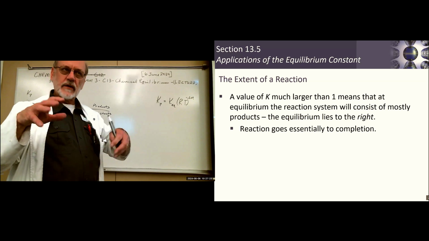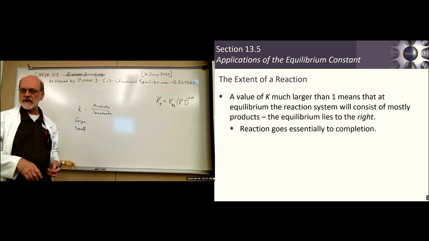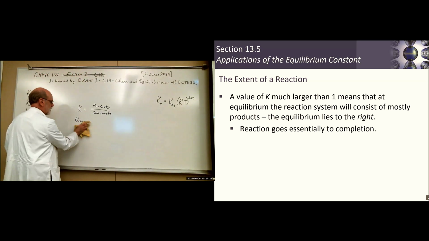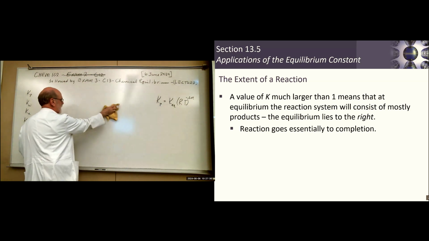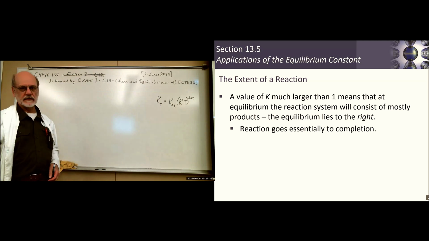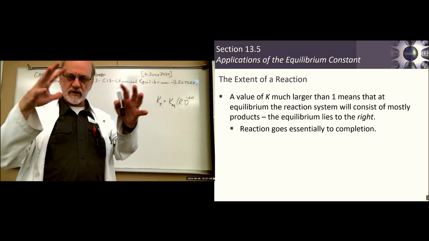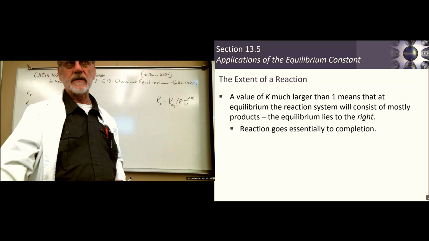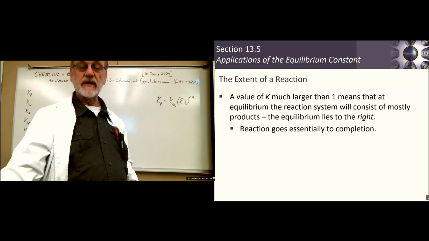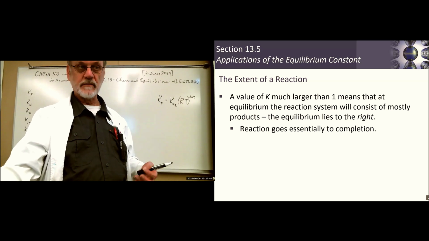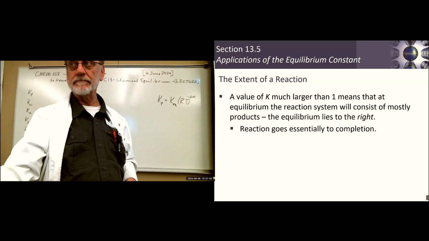So those are the qualitative assessments we can make from the K value without doing any calculations. That just gives us an overall picture and understanding of how the equilibrium is set up and the character of this reaction in terms of its equilibrium.